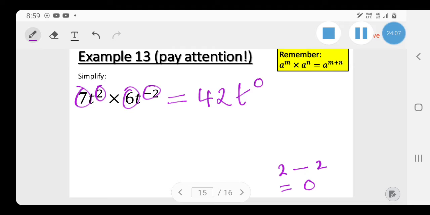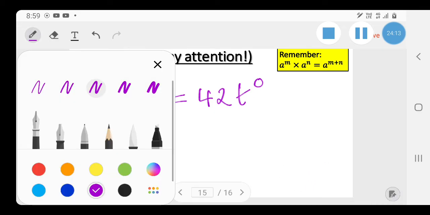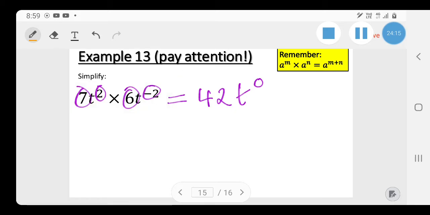Well, let me let you in on a little secret. I'm going to change the color into the secret color, orange. Here is the new rule, and this is actually called the third index rule.